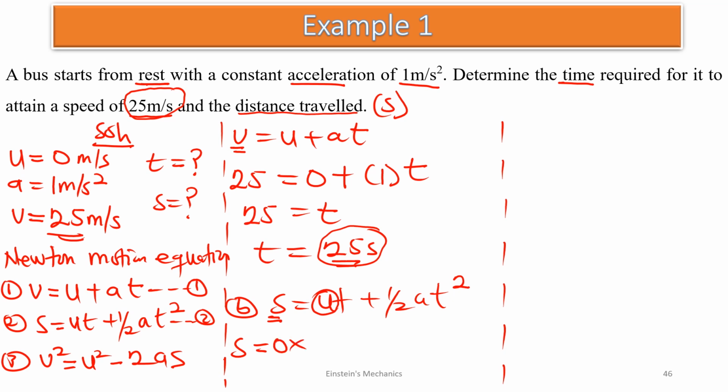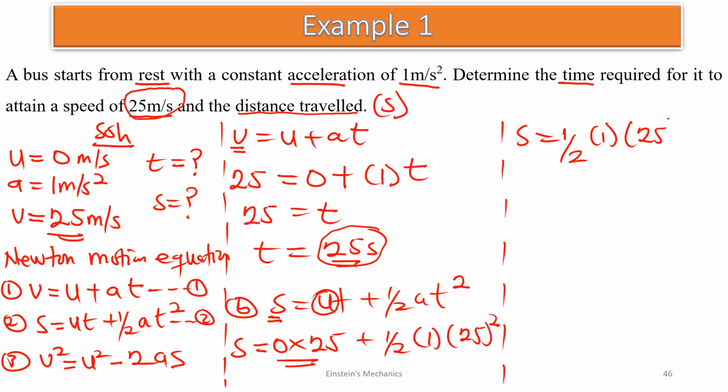So 0 times 25 plus half, the acceleration is still 1, multiplying t, 25 squared. So all this goes to 0, and that is 0 plus half by 1 by 25 square.